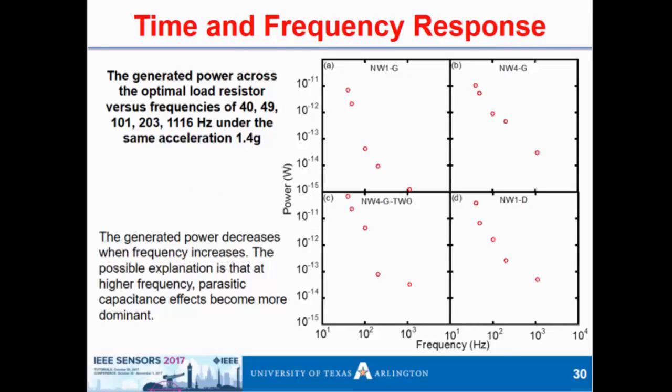So results for the generated power, and you can see that the power generated decreases as a function of shaker vibration. So these are vibrational energy generators. This is actually good news because the problem of energy generation for vibrational energy generators is the lack of good energy generators at low frequencies.